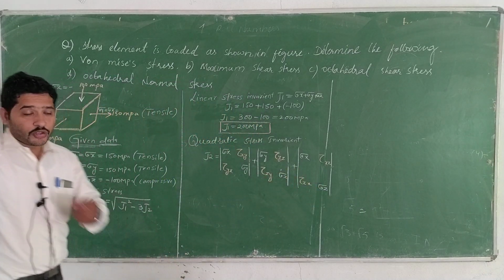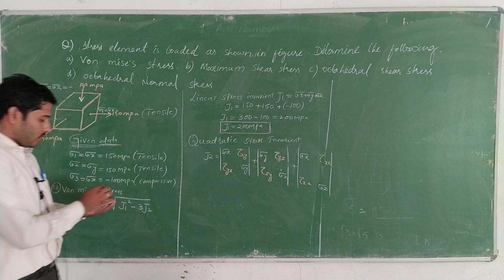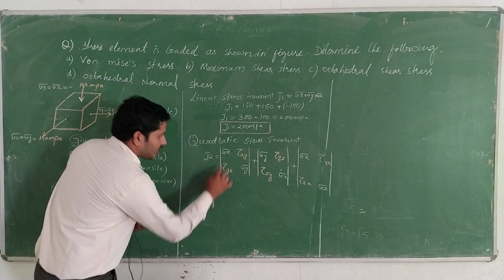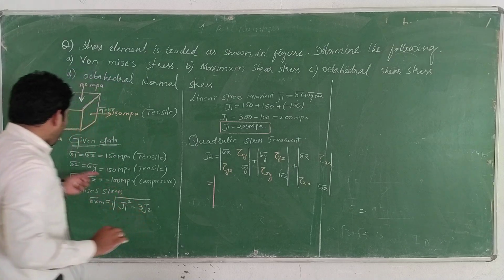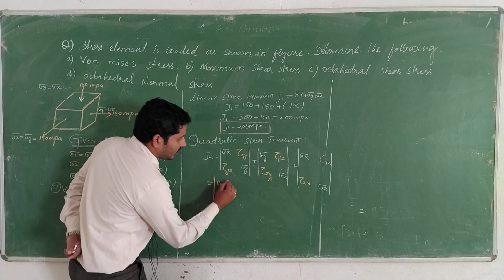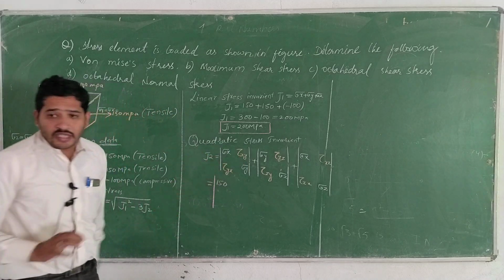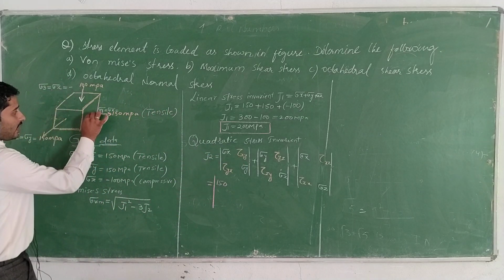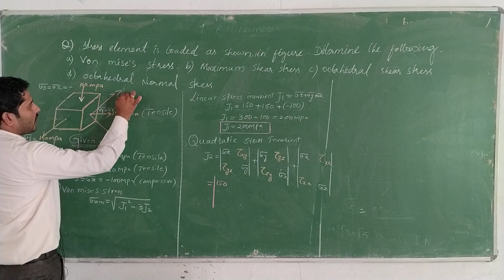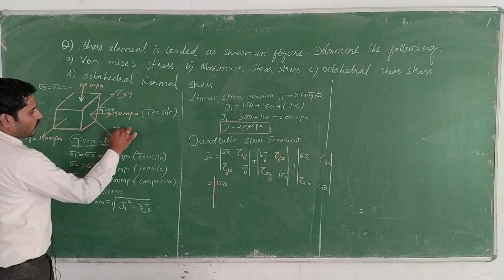Okay dear, any confusion up to here? No confusion. Then sigma x value is how much? Sigma x is 150 megapascal. Is any shear stress acting on this component, like tau xy or tau xz?